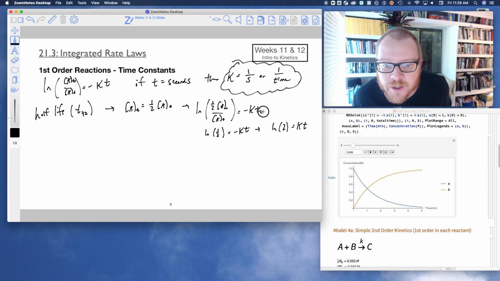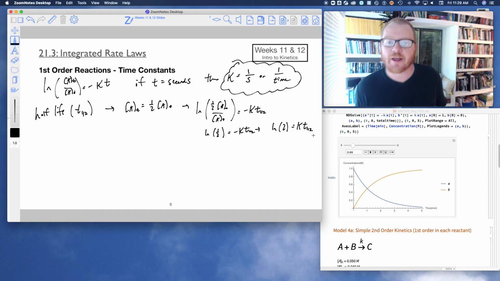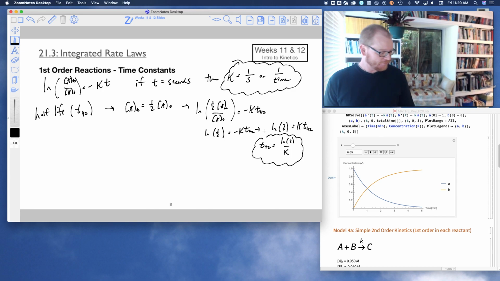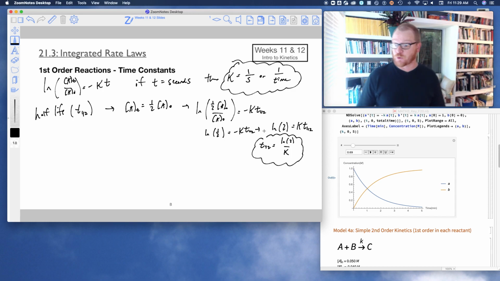And you know what? I'm going to put a t 1/2 right there so we know that that's specific to the half-life, okay? And so now I can say that the half-life for a first order reaction is natural log of 2 divided by k. Natural log of 2 is 0.693. You may have remembered this from Chem 110. Okay? So half-life for a first order reaction.